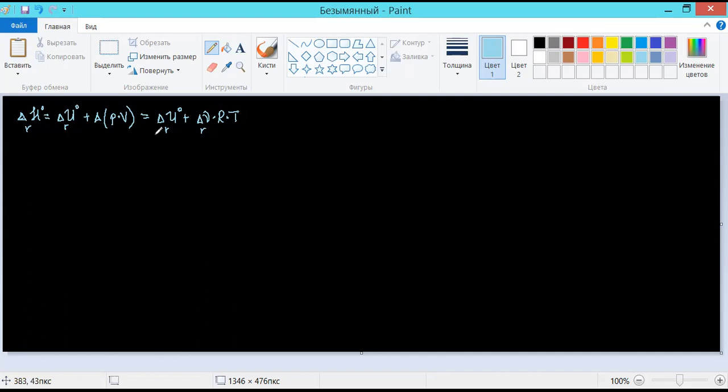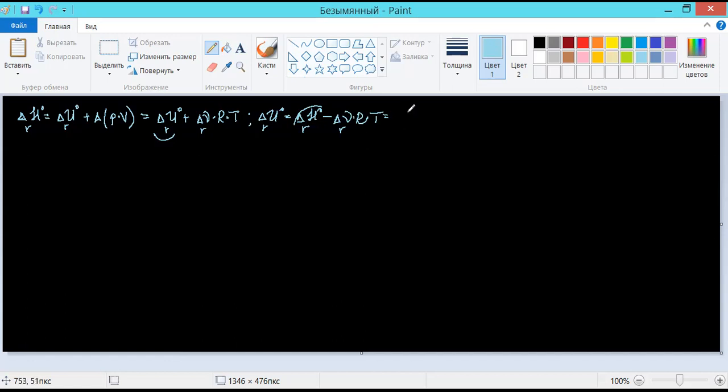But we need this one. First of all, let's express it from the formula, from the equation. We have already calculated the change in enthalpy.